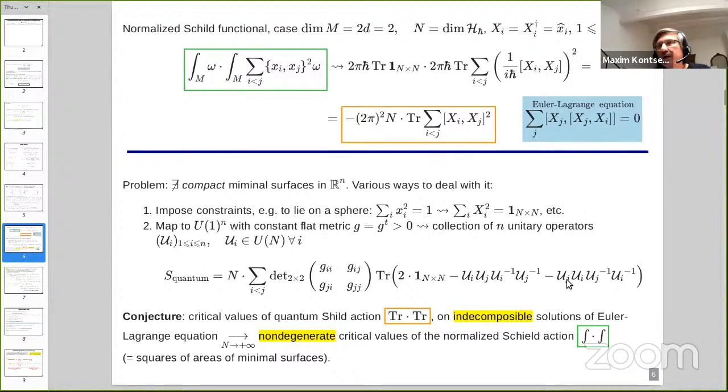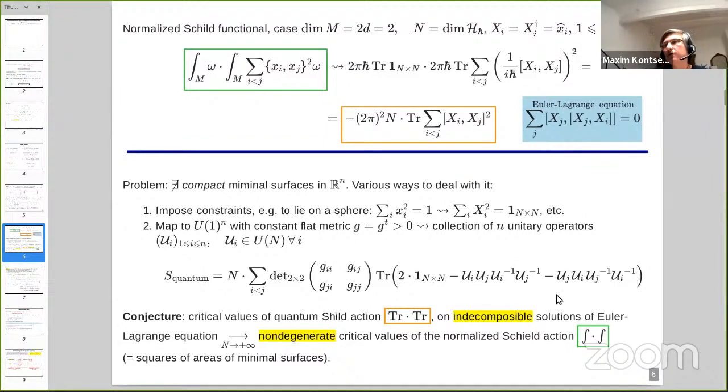I take 2 times the identity matrix and remove 2 group commutators. It's something very close to 1, and if this commutator is the exponent of i times a small number, it will be something like cosine of this number, so something like the square of this number. So it's a replacement of the square when the 2 operators almost commute.